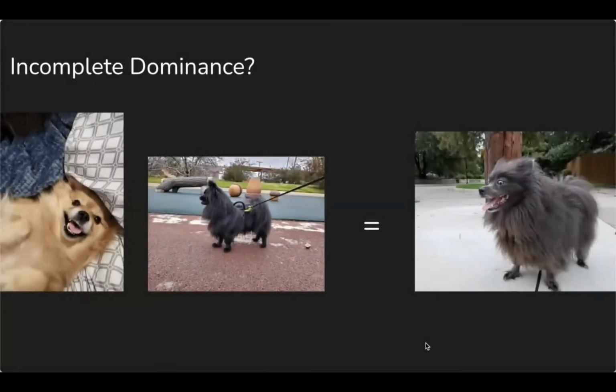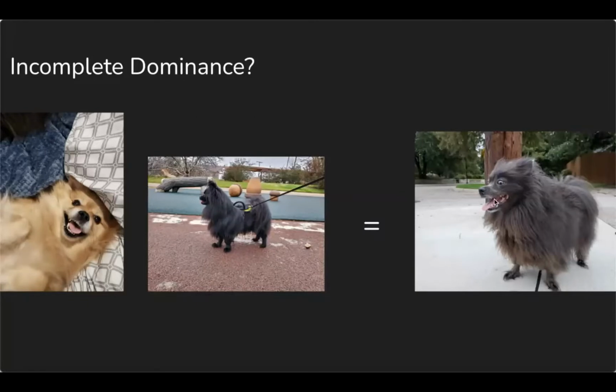All right, guys, now that we have a better understanding of what incomplete dominance and codominance is, and just remember that those are two examples of non-Mendelian inheritance, I want you guys to take a look at this little example of possible incomplete dominance. So a long time ago, my dog Princess and my dog Higgs had a baby, and this is her, that's Olive.